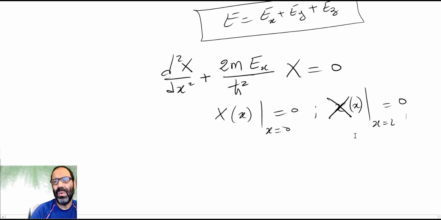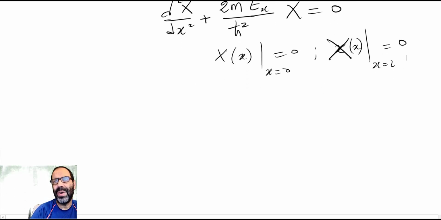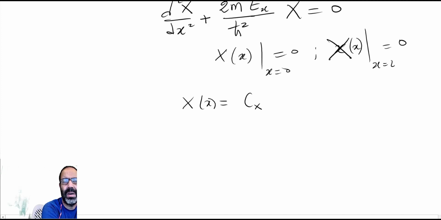The only way this is satisfied, like the previous problem of waves on a string, is that X of x is some constant, which I'm going to call Cx, times the sine of some integer, nx, times pi times x divided by L.